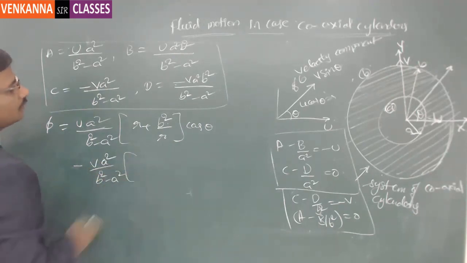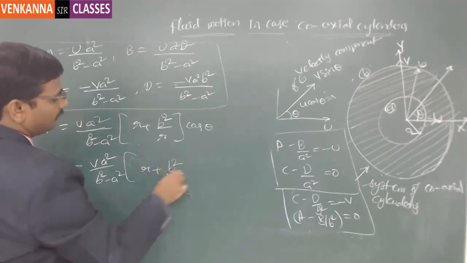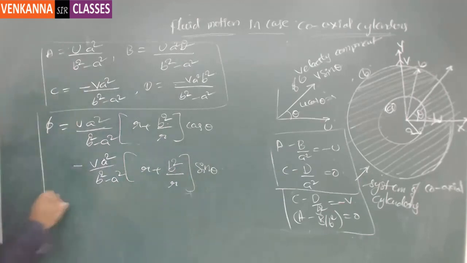If you take it out, what you are left with is (r + b²/r) times sin θ. So this is nothing but the velocity potential. Clear?